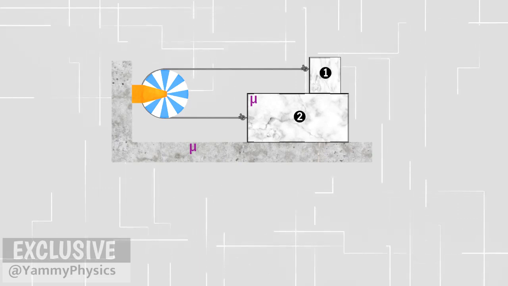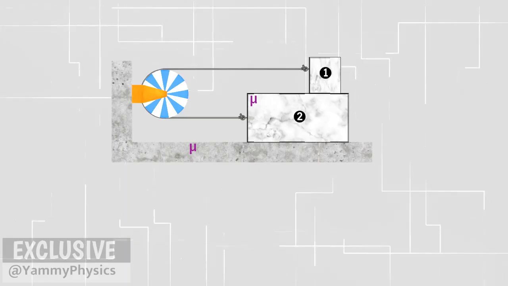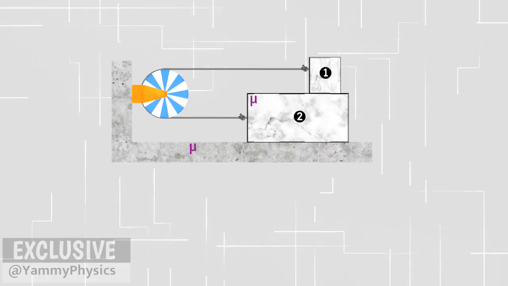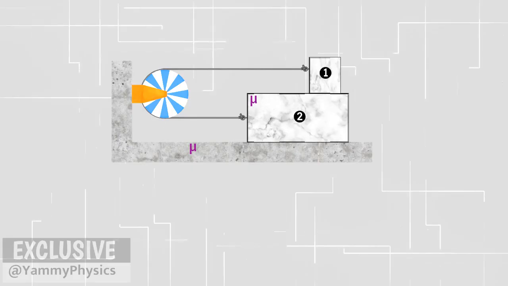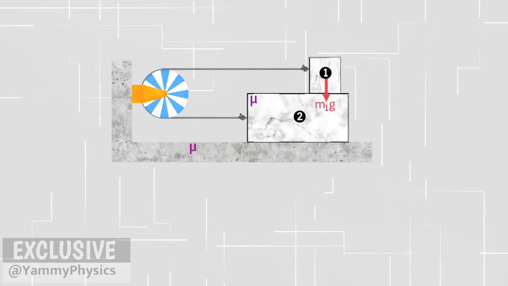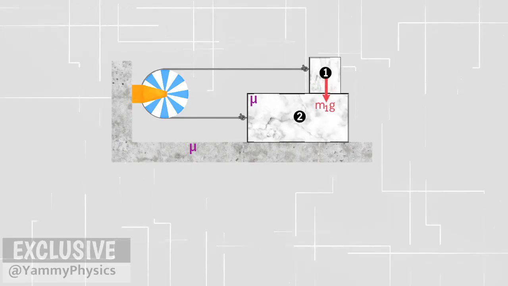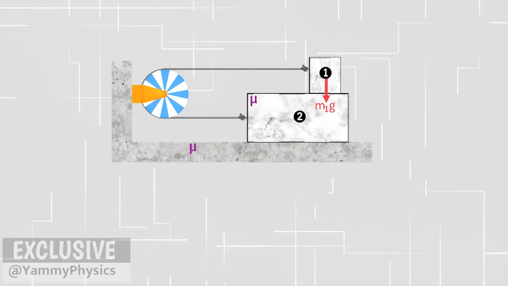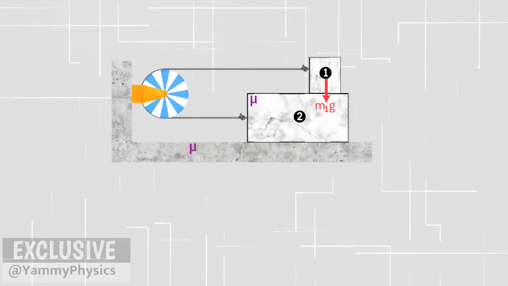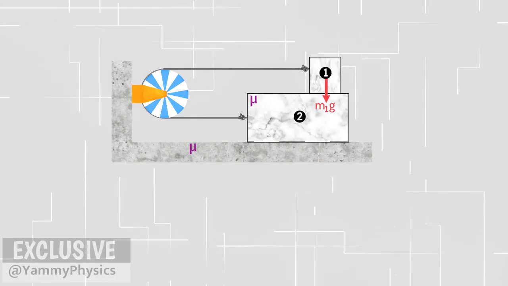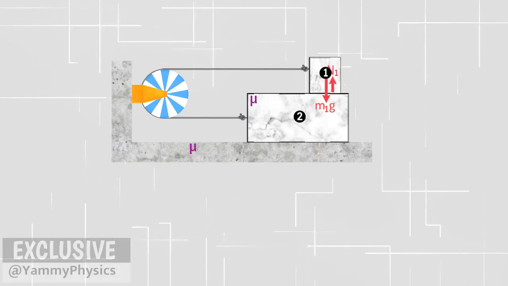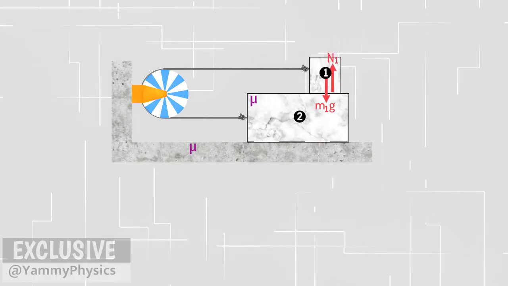An object moves or does not move because it is influenced by the force acting on the object. For the upper block, this block gets a gravitational force of m1g downwards. This block does not penetrate the surface of the block below it. Of course, block 1 gets a normal force N1 upwards.